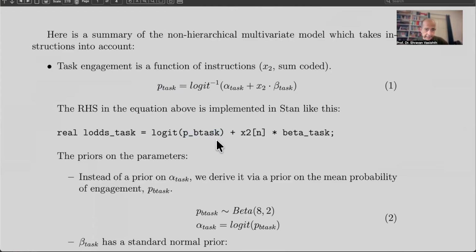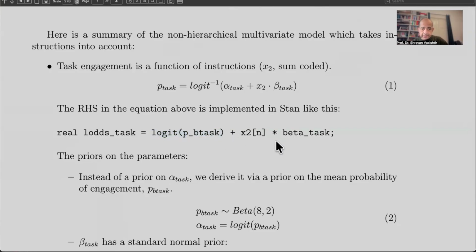So what you're going to get is some grand average probability of task engagement. That's this term here. So remember, this is the logit term. So we're giving as input to the logit an average probability of task engagement, and converting it to log odds with the logit function.